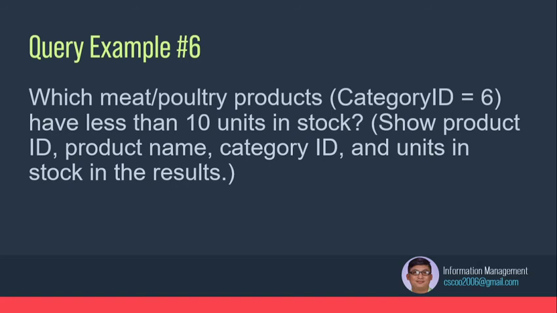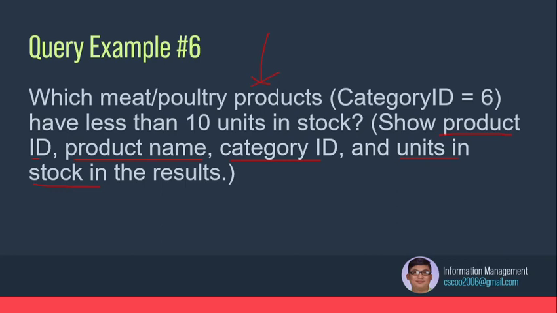Show the product ID, product name, category ID, and units in stock in the result. So we are looking at the products table, and we need to display the following columns: the product ID, the product name, the category ID, and the units in stock.